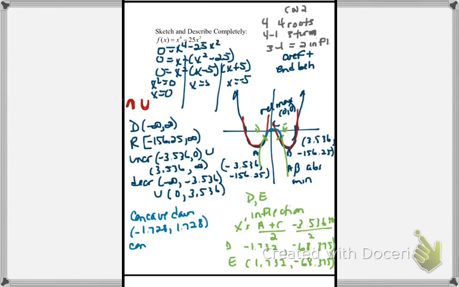You're going to do your concave up from negative infinity to the first inflection point D, negative 1.728, and then from the second inflection point, 1.728, to infinity. So we've pretty much hit all your attributes of this graph.